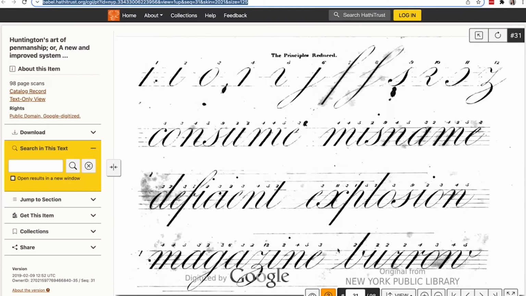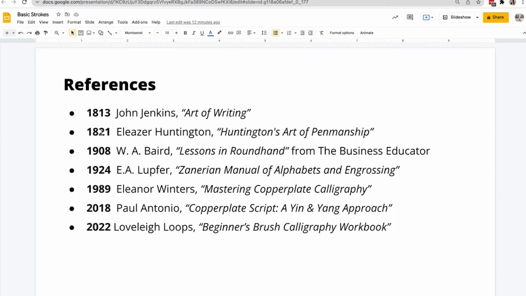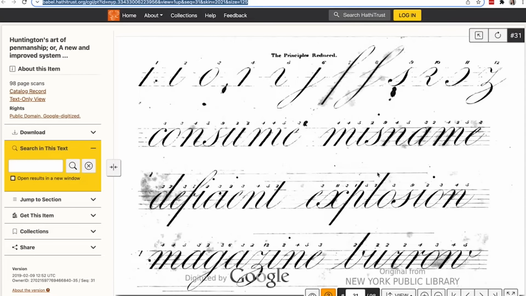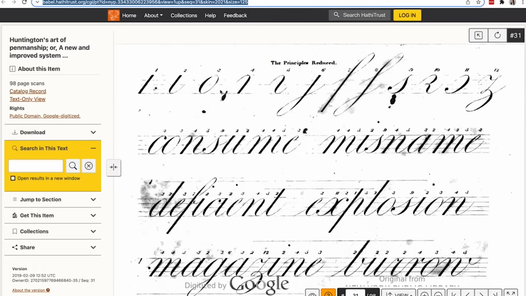In the next source, this is from Huntington's Art of Penmanship, and this was in 1821. You can see here now there are 12 strokes listed out instead of just the 6 that were used in the previous example. And we have some more variations, for example, the upper loop over here, the ascending loop, and then some very letter-specific strokes.